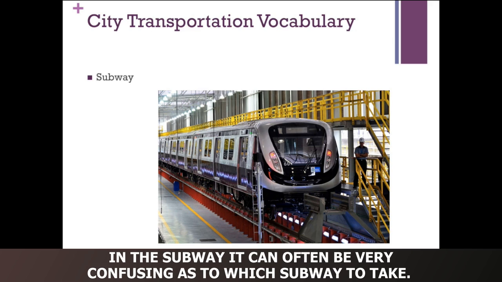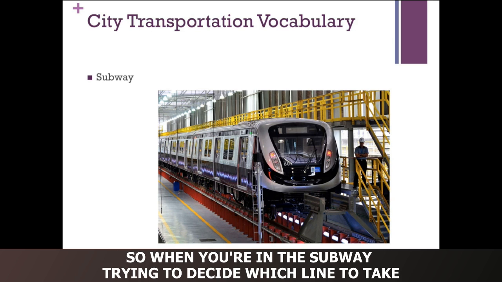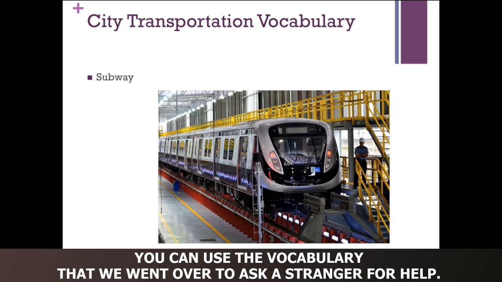In the subway, it can often be very confusing as to which subway to take. So when you're trying to decide which line to take, you can use the vocabulary that we went over to ask a stranger for help.